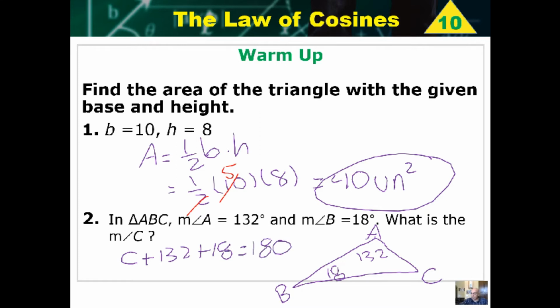And you just do a simple arithmetic calculation here, and you'll end up with angle C, or measure of angle C, will give you 30 degrees. All right, that's the warm-up.